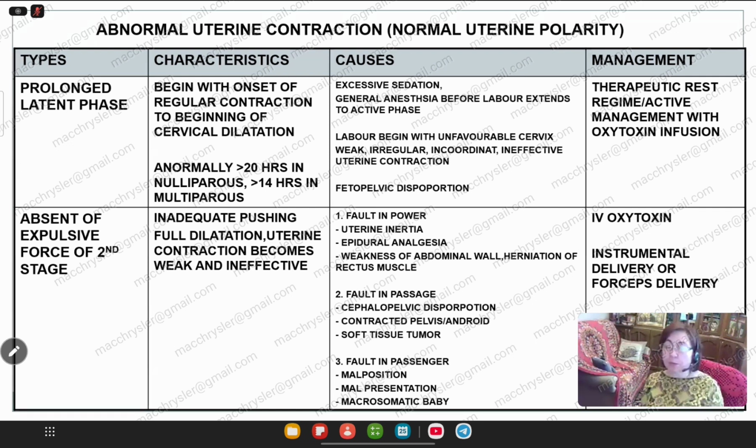For that patient we can additionally recommend imaging investigation of the pelvis.